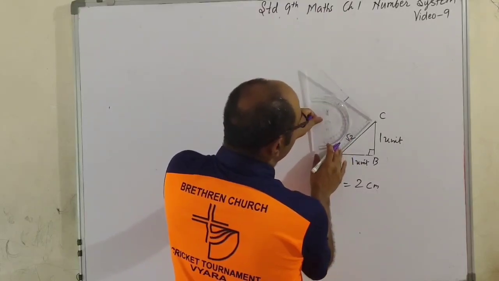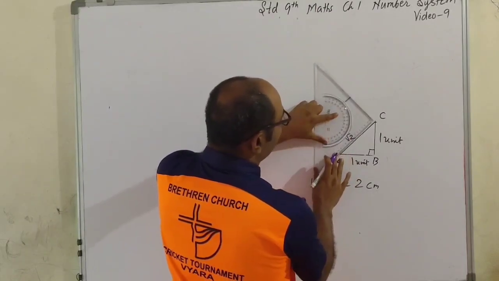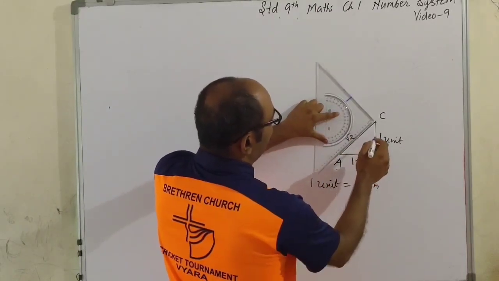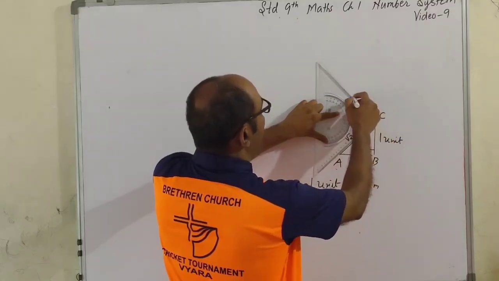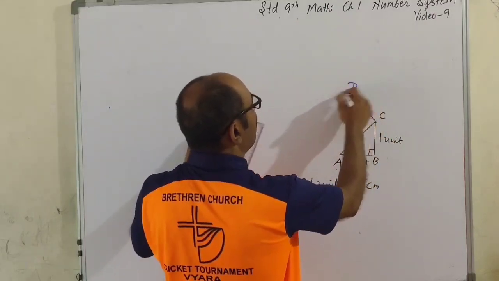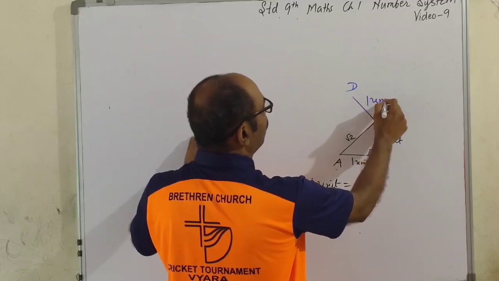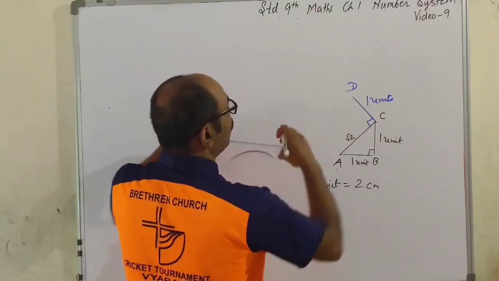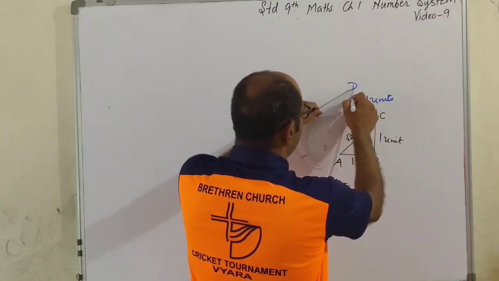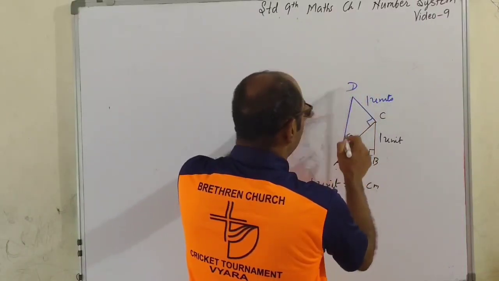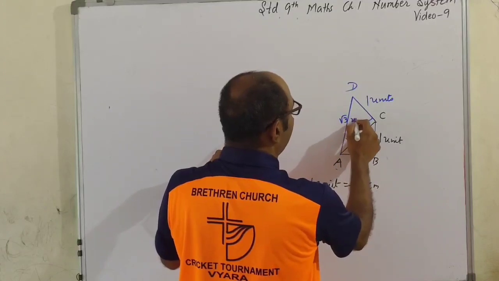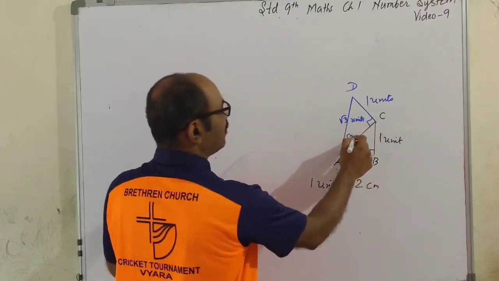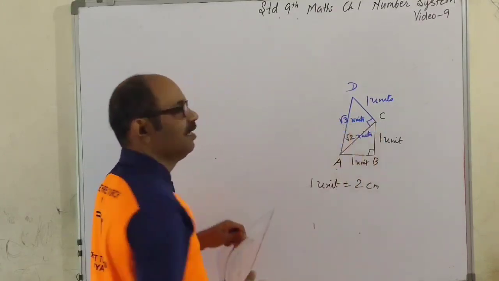So do what you have been doing. This is 1 unit. This new point is D. CD is 1 unit. CD is perpendicular to AC. Now you draw hypotenuse AD, which is going to be √3 units. This is √2 units. All right.